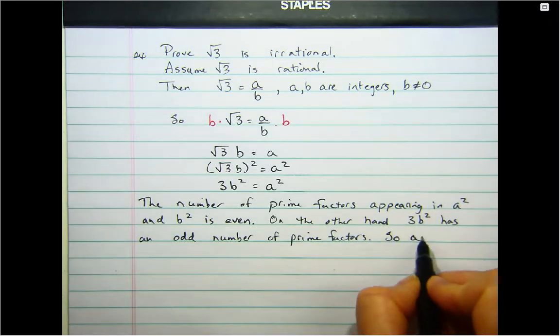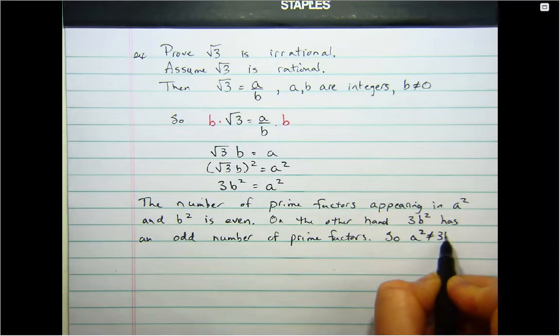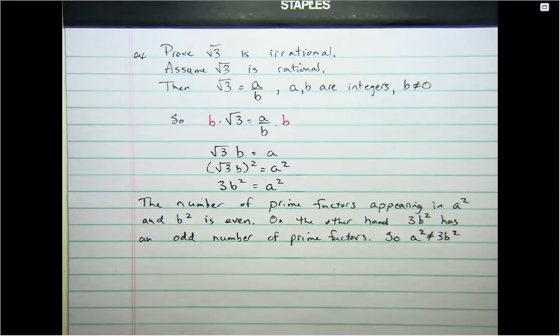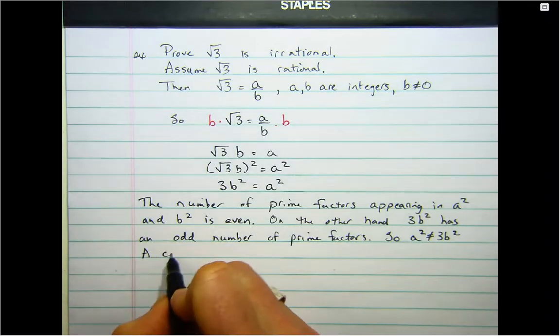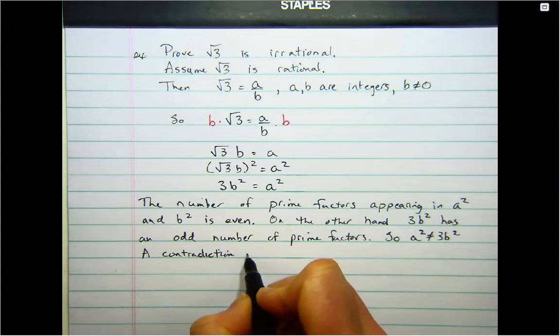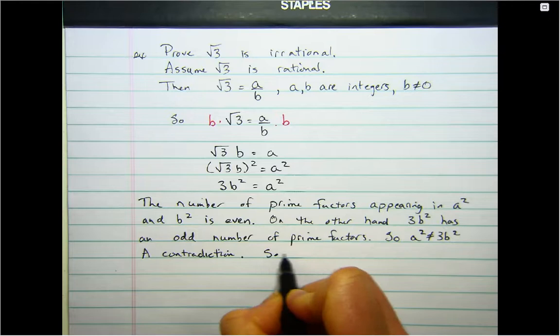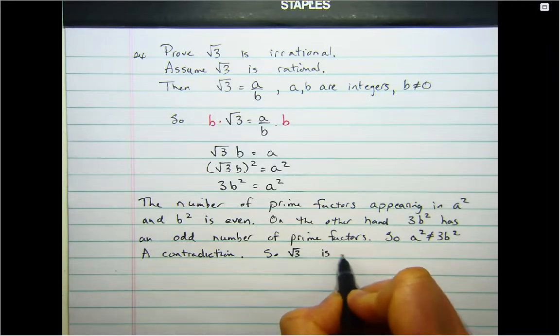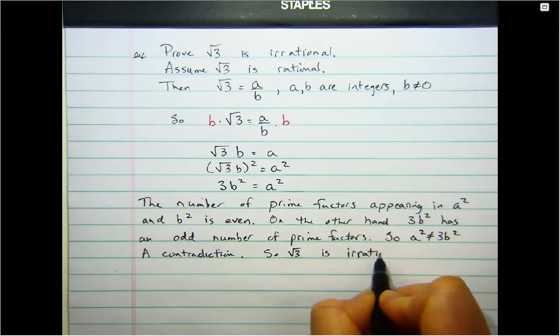So a squared does not equal 3b squared. A contradiction. So square root of 3 is irrational, or not rational.